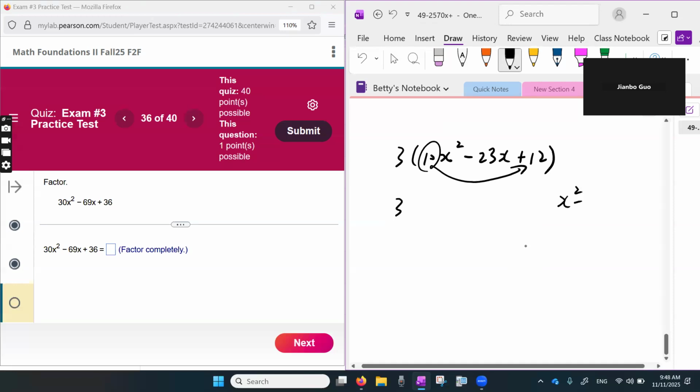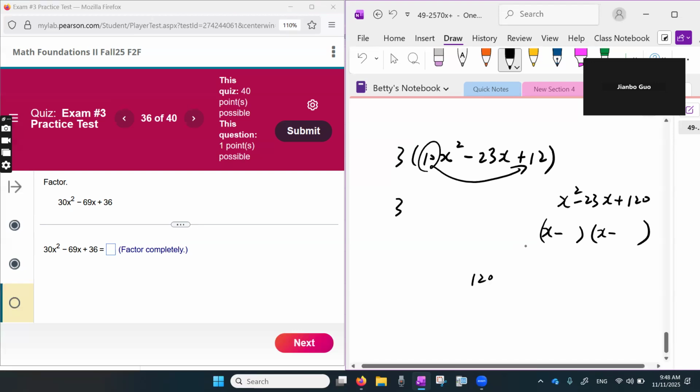We have x squared minus 23x plus 120. Shortcut, both of them are negative. Which two numbers multiply to 120 and add up to 23?